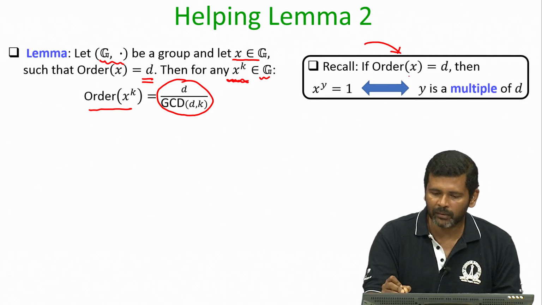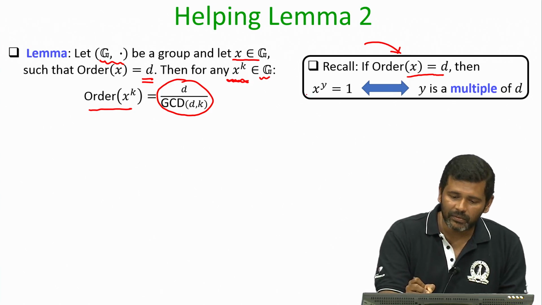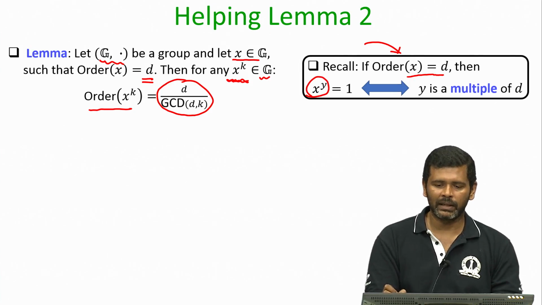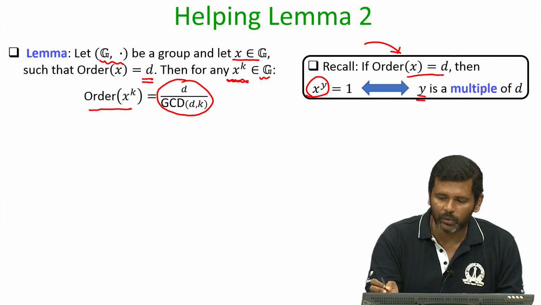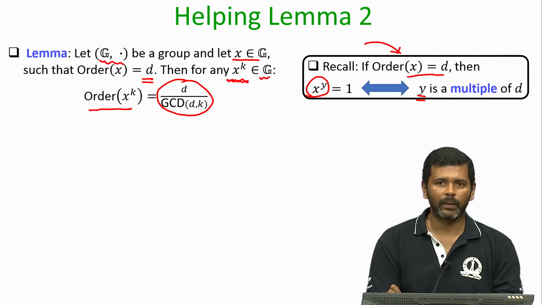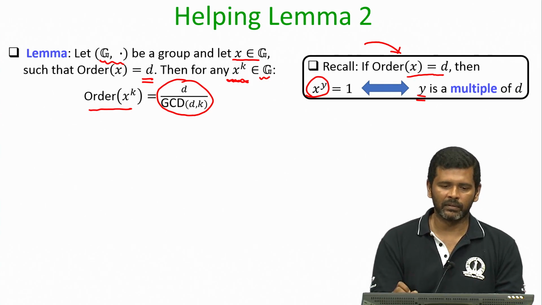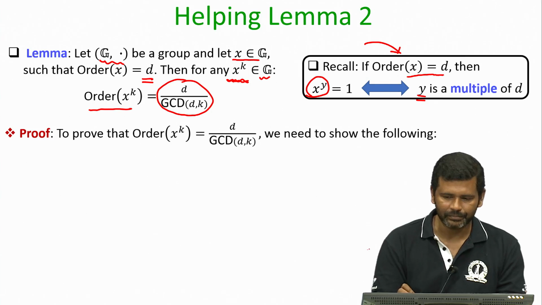The property that I am going to use here is that if the element x has order d, and if you find that x to the power y is giving you the identity element, then that is possible if and only if the exponent y is a multiple of d. Okay. So, you can recall the proof of this fact from one of our earlier lectures.